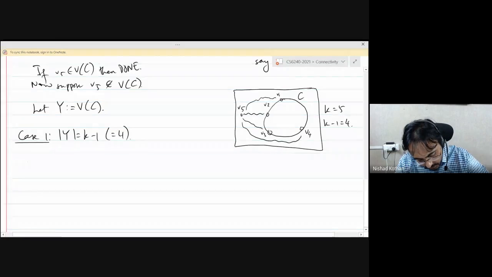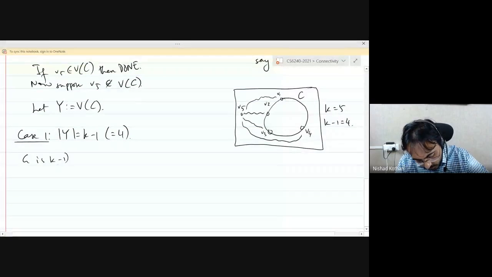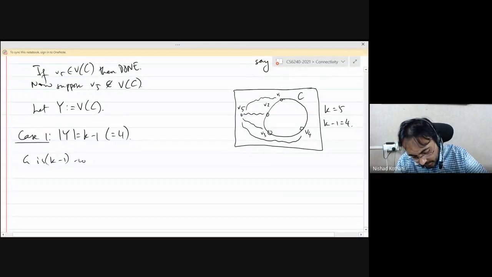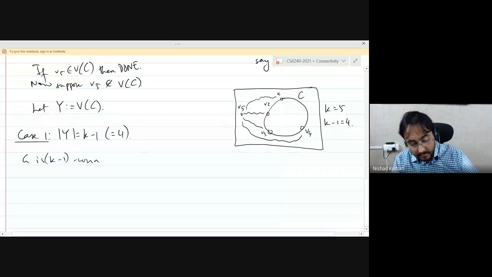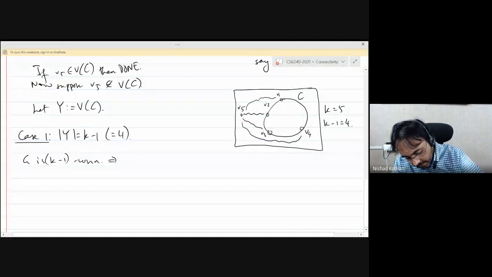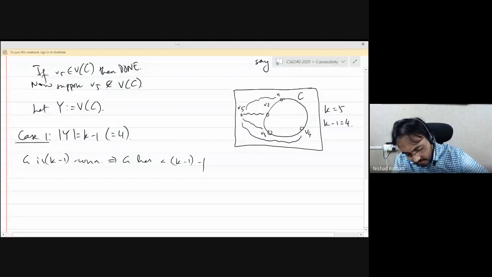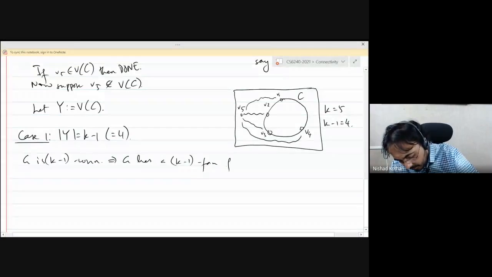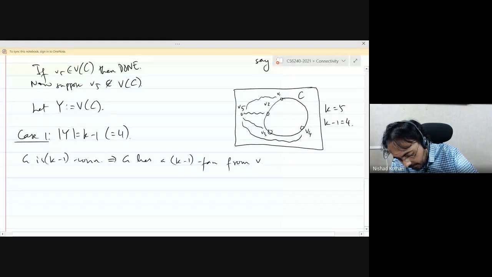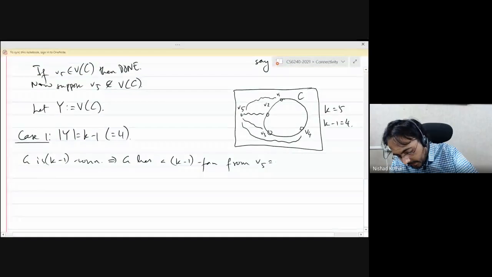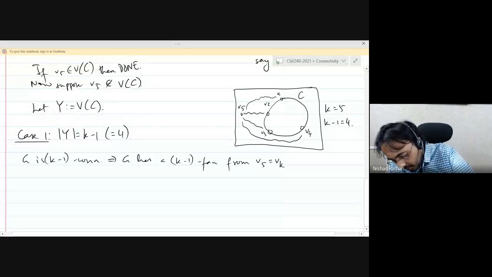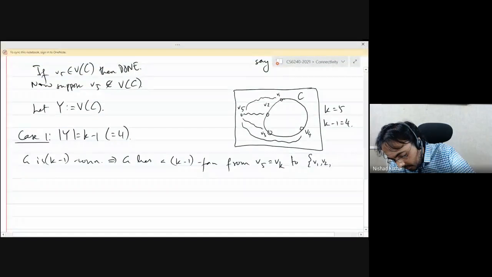In this case, G is k minus 1 connected because every k connected graph is k minus 1 connected, which implies that G has a k minus 1 fan from the vertex V5, which generally would be Vk, to the set V1 to V4.